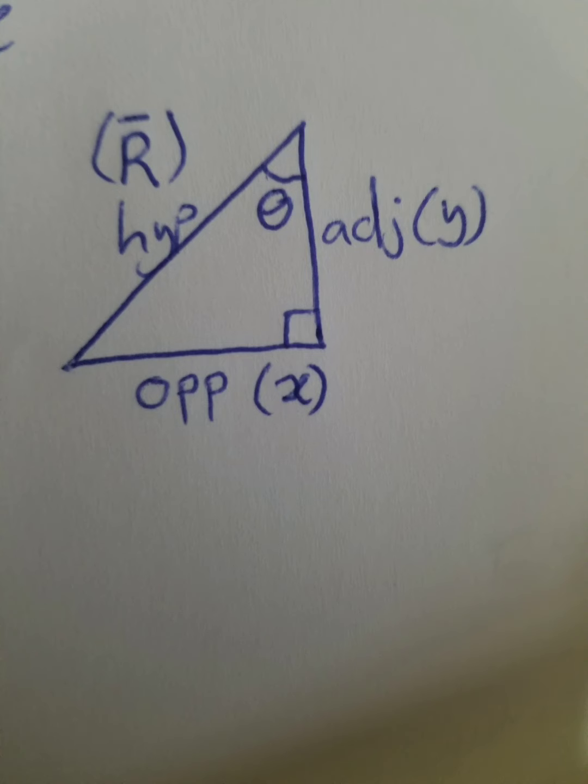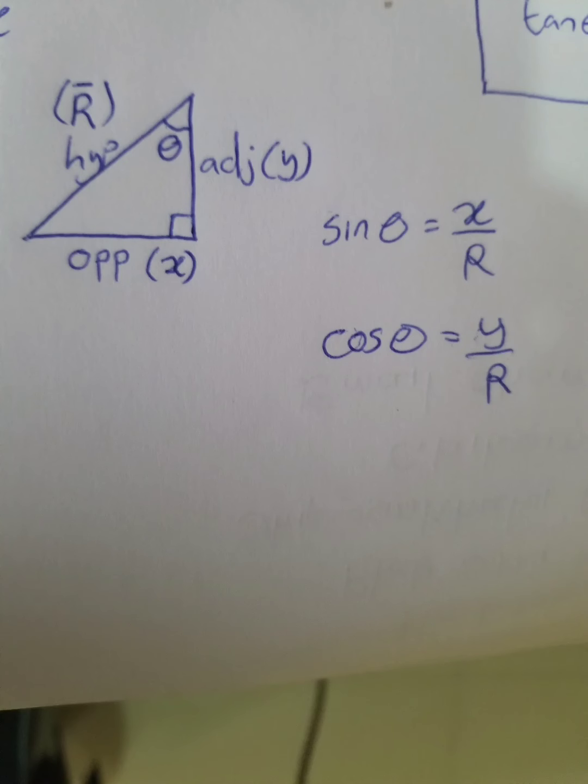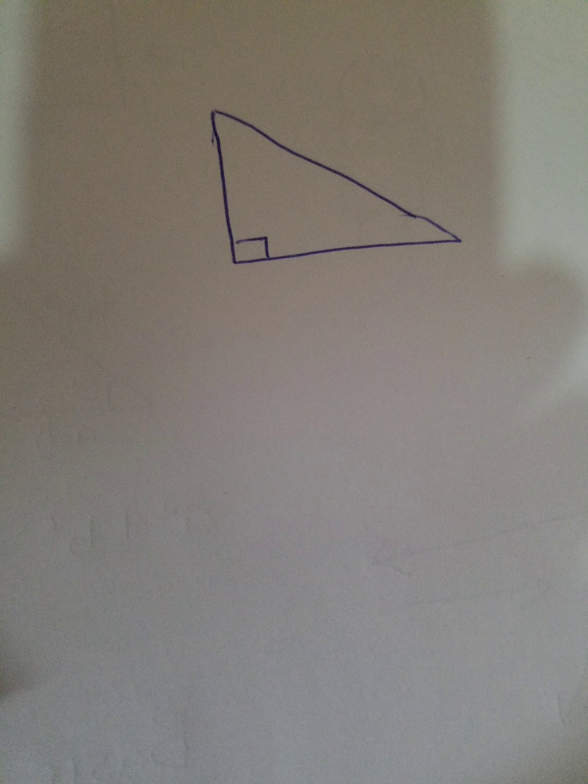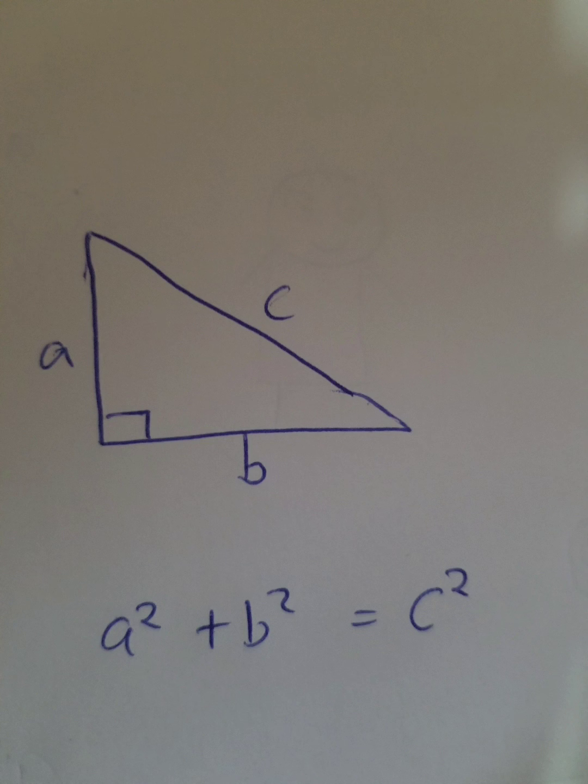Another important tool you must remember is the Pythagoras theorem, or the Pythagorean theorem, which states that the two sides of a triangle that aren't the hypotenuse, when squared and added, are equal to the square of the hypotenuse, or a squared plus b squared is equal to c squared, where c is the hypotenuse.